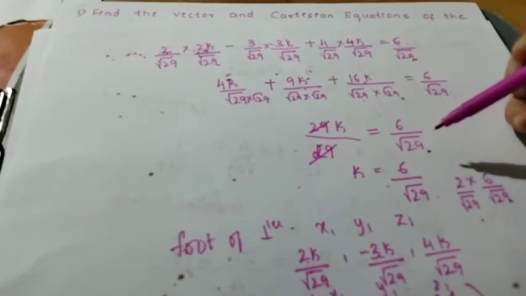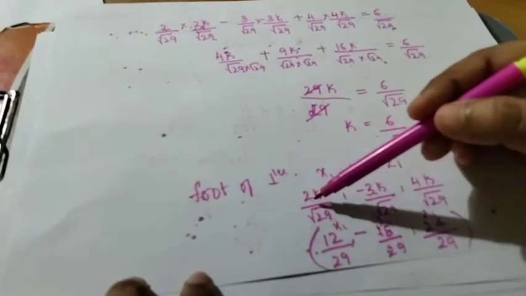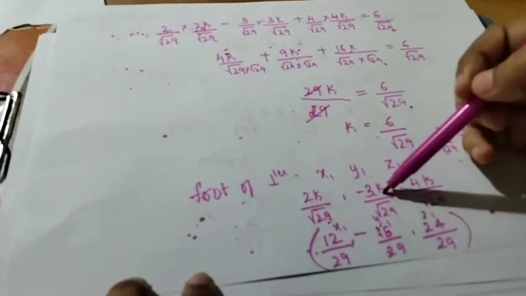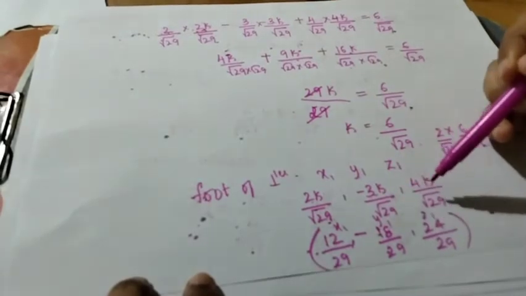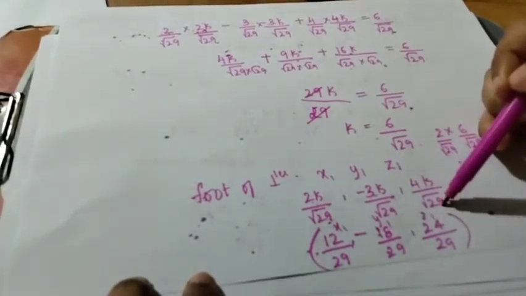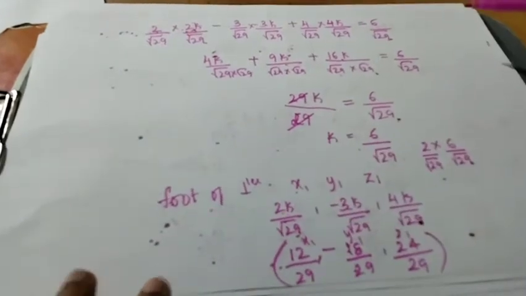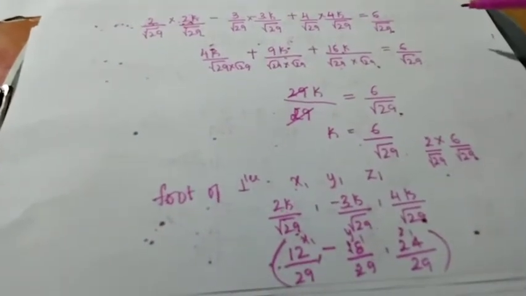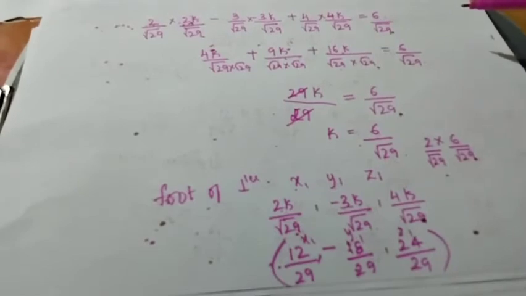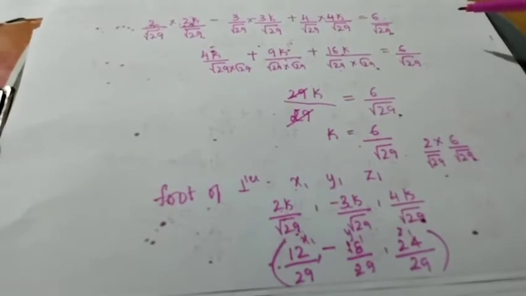After finding the k value, x1 is 2k by root 29, y1 is 3k divided by root 29, z1 is 4k divided by root 29. So substituting the values of k, you get the coordinates x1, y1, z1 as 12 by 29, minus 18 by 29, 24 by 29. So these are the coordinates of the foot of the perpendicular.